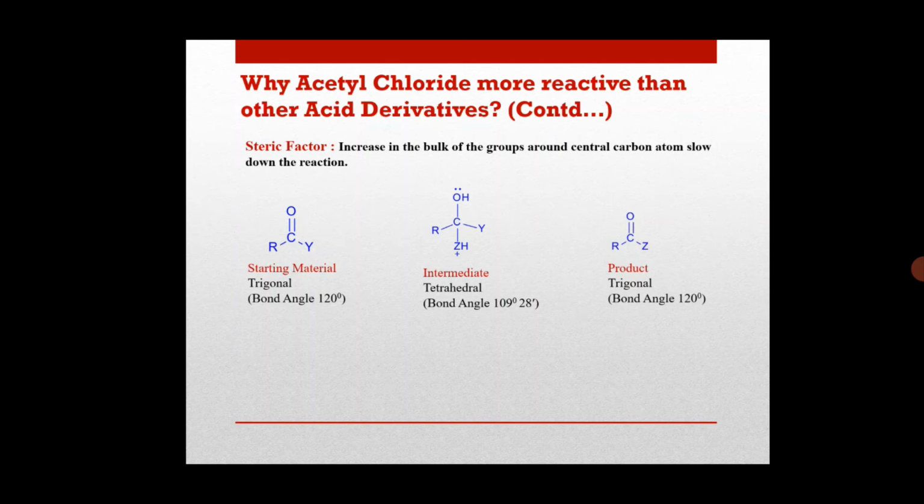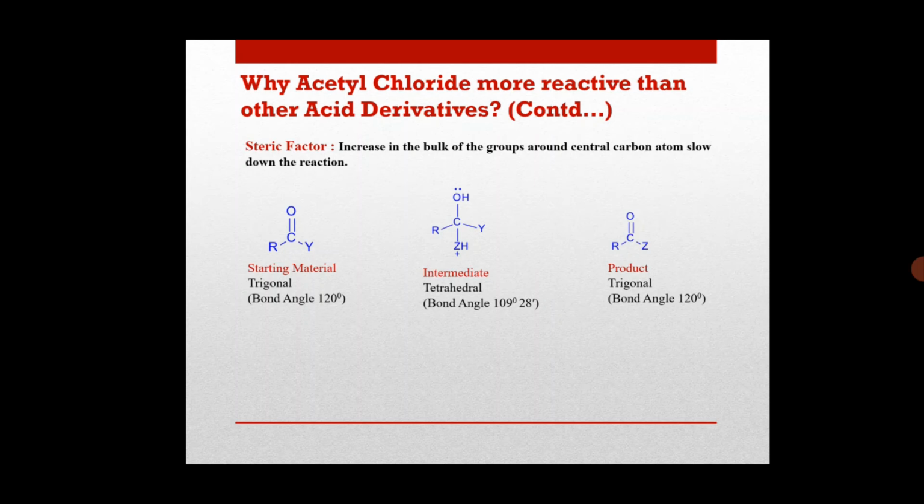Therefore, as the reaction proceeds, the groups come closer to each other, leading to steric crowding, which slows down the reaction. The larger the groups, the slower is the reaction.